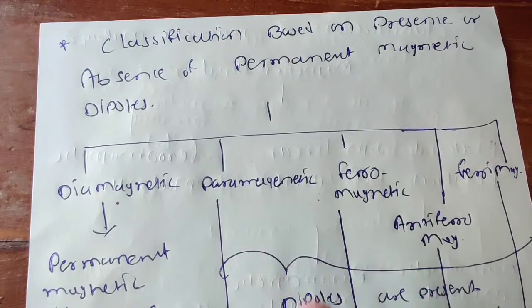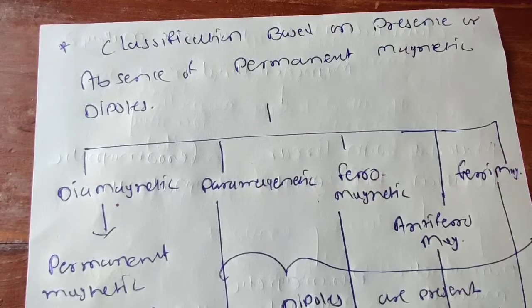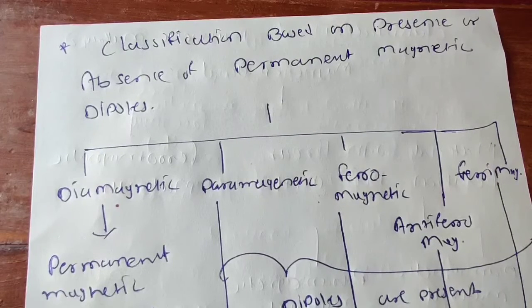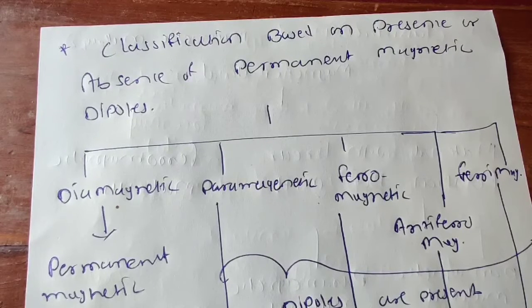Now if you classify the magnetic material based on the presence or absence of permanent magnetic dipoles, you can classify it in 5 different ways.